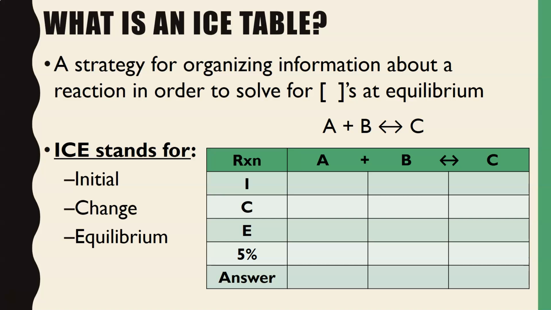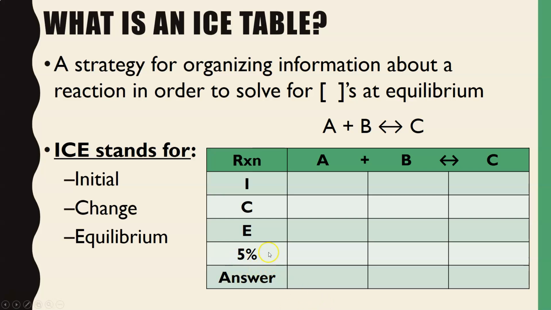We literally set up a chart like this. You're going to have the chemical reaction at the top. You're going to have a column for each of the chemicals that are involved. You have a row for I, initial, C, the change, E, equilibrium. I personally like to throw in these last two, okay?